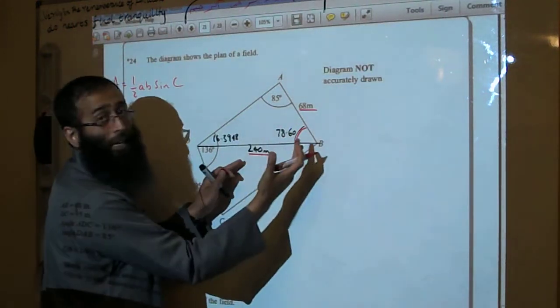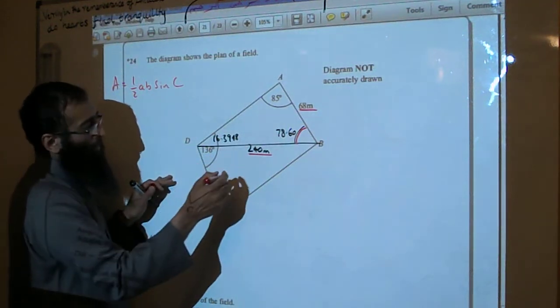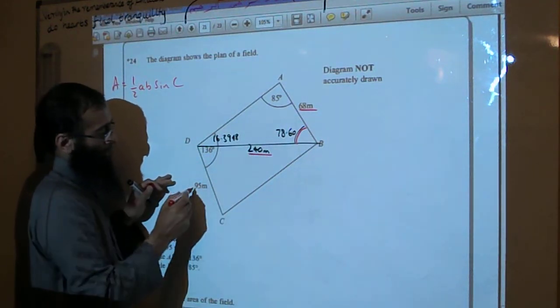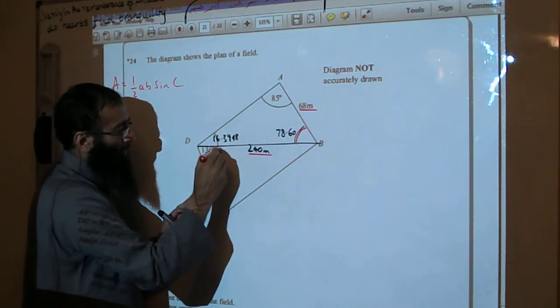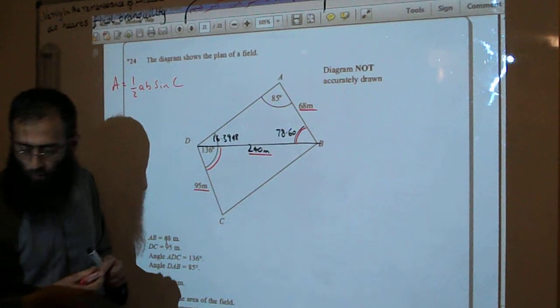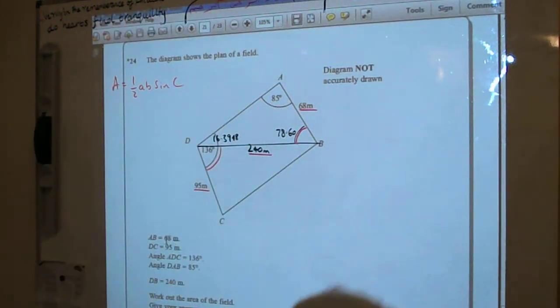That will give us the area for this top triangle, and for the bottom triangle we can use this length with this length, which are the adjacent sides to this angle. So we need to work out that angle, and for that we need to use a calculator.